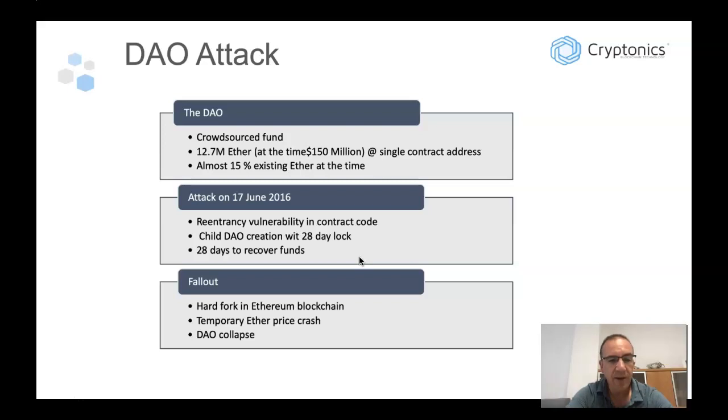And of course, the Ether price crashed temporarily, and we now know that is something we recovered from quickly, and the DAO itself collapsed. But obviously the impact was huge, and for me it's interesting that even last year there were big cases with reentrancy issues still there. So people don't seem to have learned that much from this early big incident.